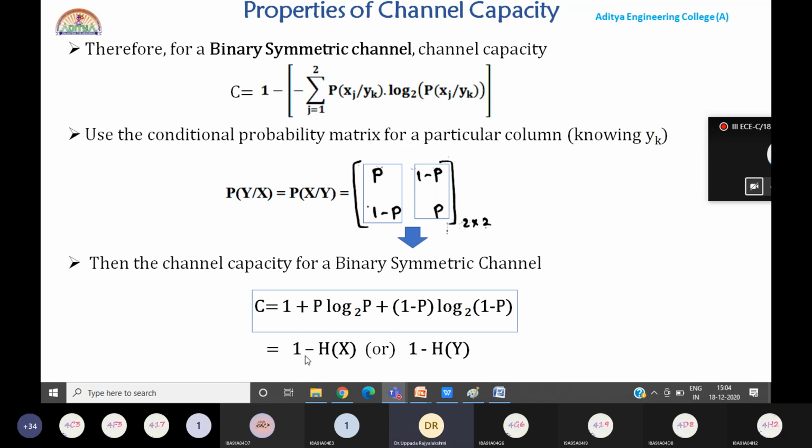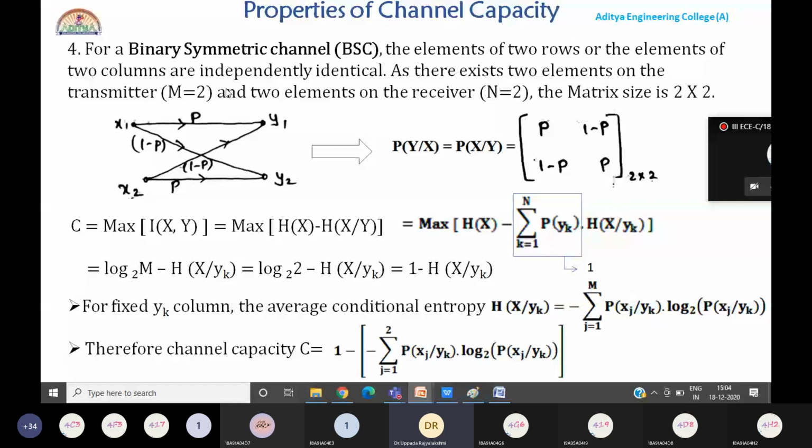Can anyone of you tell me what this p log p base 2 plus 1 minus p log 1 minus p base 2 is? If you clearly identify this matrix, let us move once again to the channel.